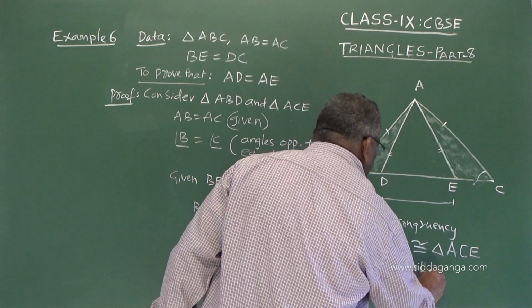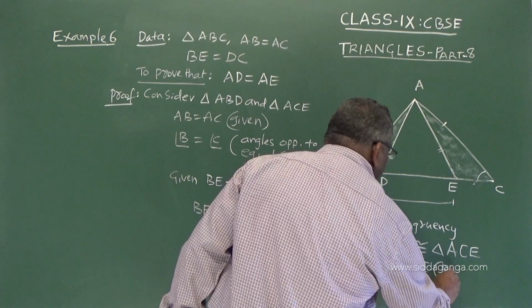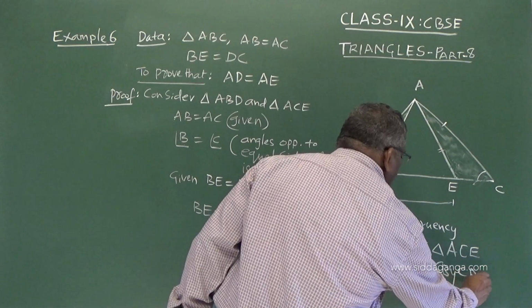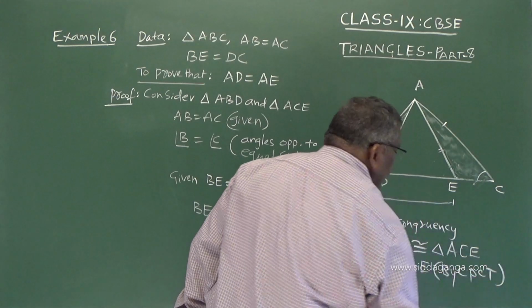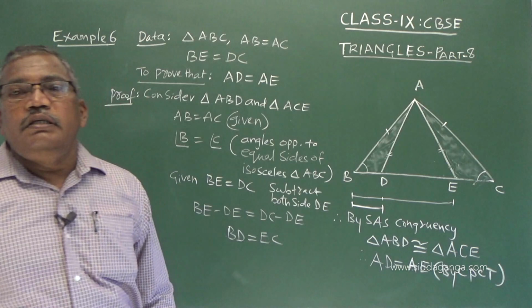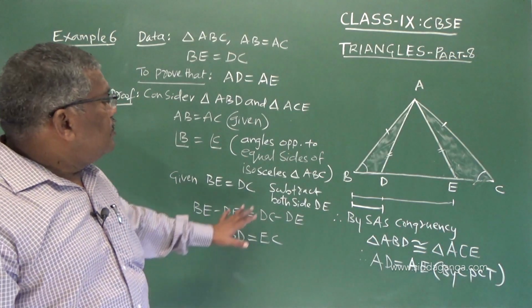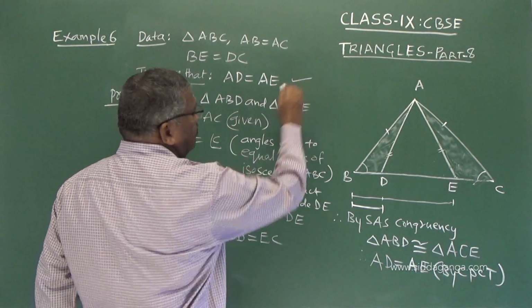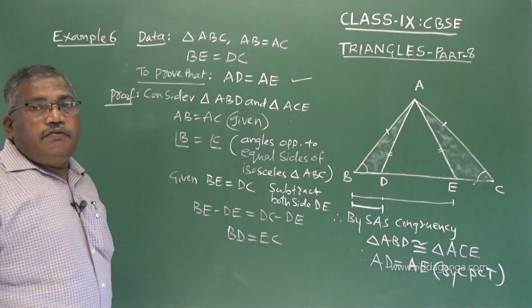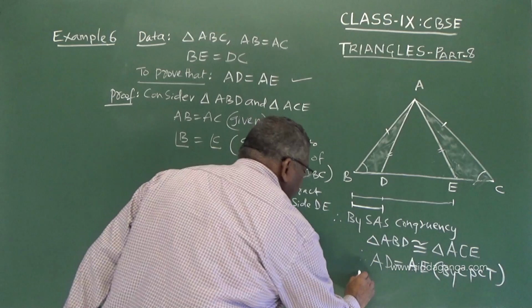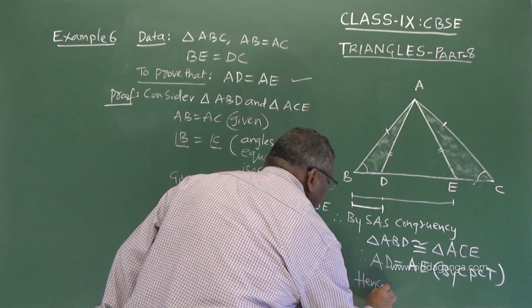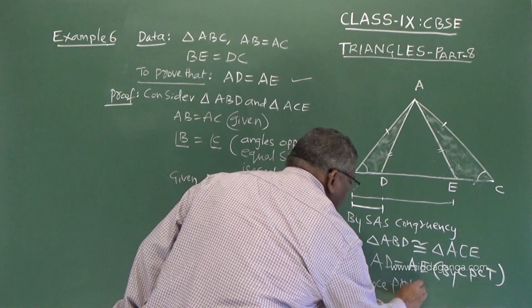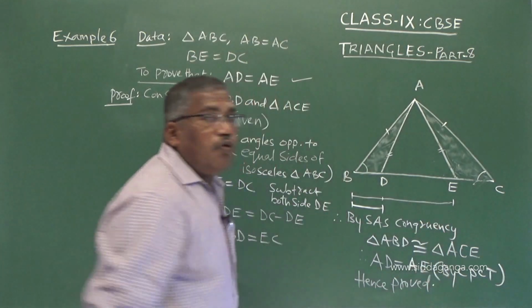So, you can write this is by CPCT, corresponding parts of congruent triangles. So, this is what is to be proved. AD is equal to AE, and we have proved that, hence proved.